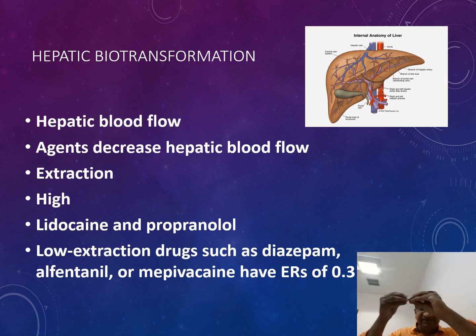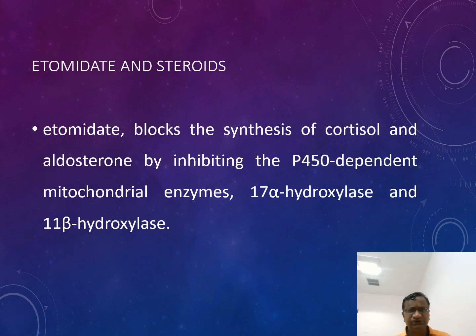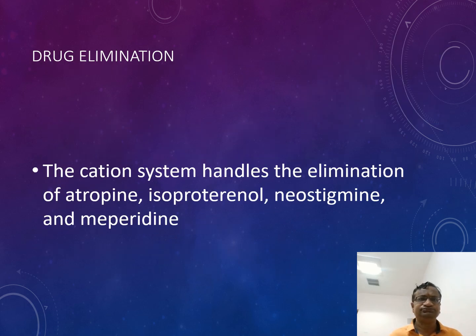Now if 10 milligrams of diazepam is given, only 3 milligrams is extracted. So that is low extraction. For low extraction drugs, decreasing hepatic flow matters little, but for high extraction ratio drugs, if you decrease hepatic blood flow, there may be problems. So agents, lignocaine and propranolol. Yes, intermediate steroids, everyone knows.